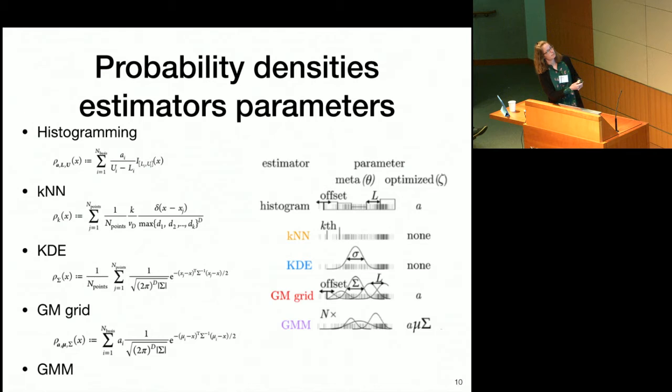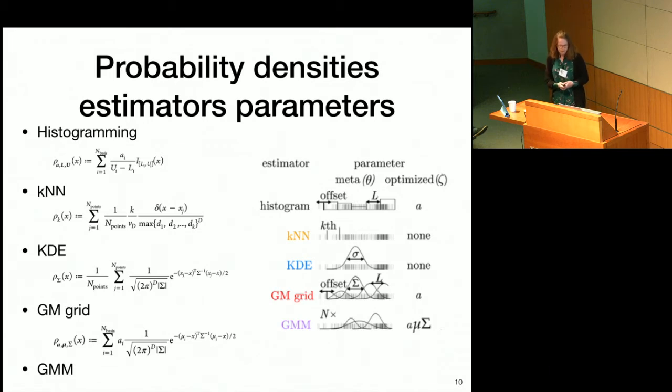I already mentioned histogramming quite a lot, just to explain the functional form here. You have the probability density, which will depend on a set of parameters, that is a sum of indicator functions. Indicator functions are such that if the point is found in the bin in question, then the indicator function takes the number 1 and it takes the number 0 outside, and then you have normalization factors.